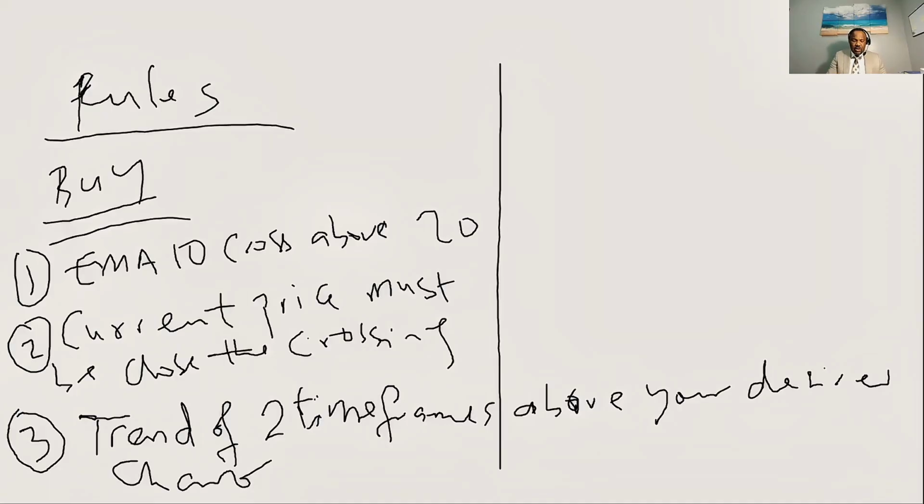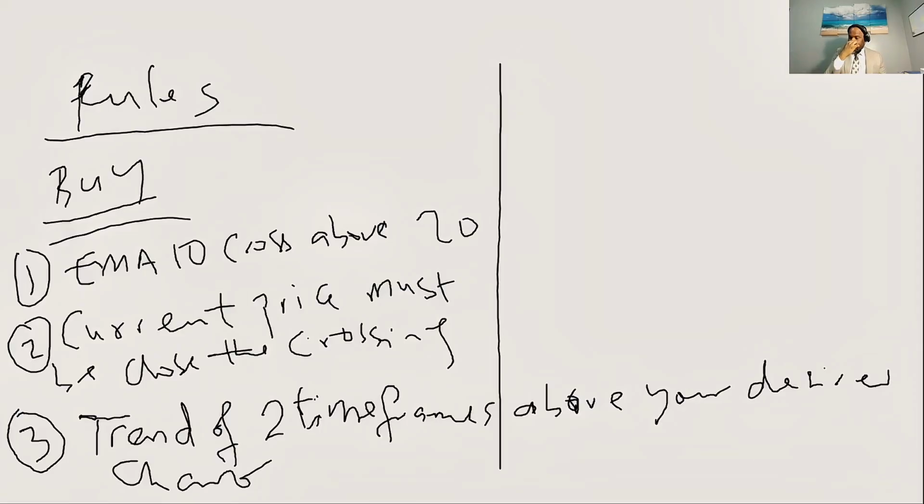Why are you doing that? You want to be more sure that what you are doing on the microscope level is truly in the direction of the bigger scope of the market.